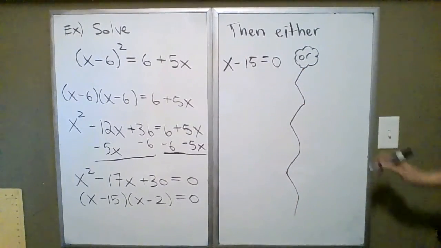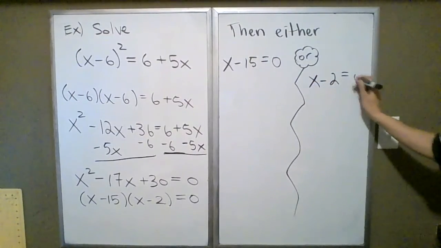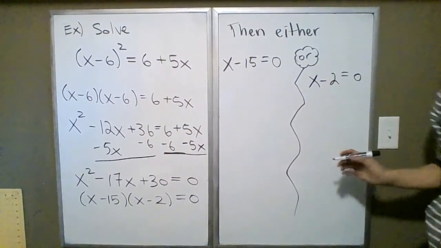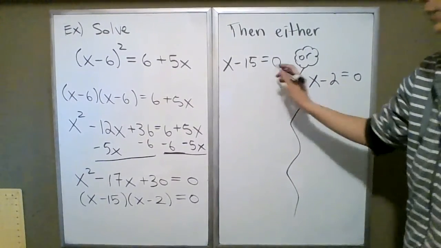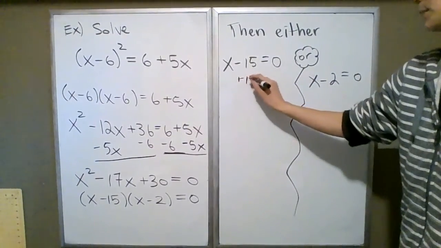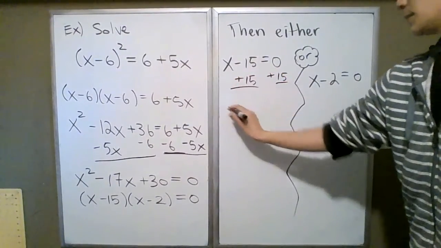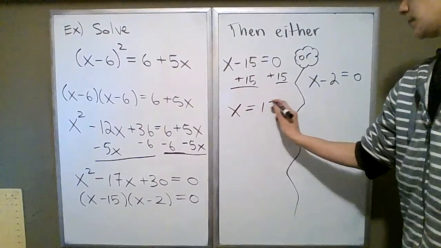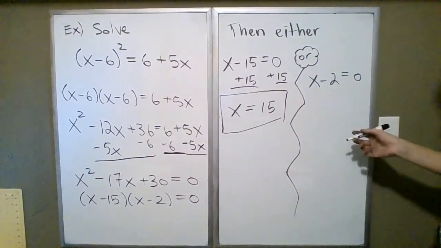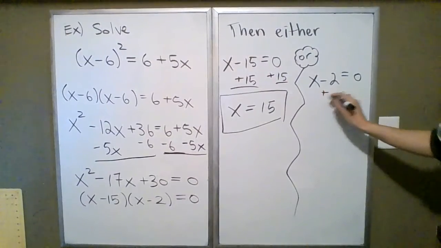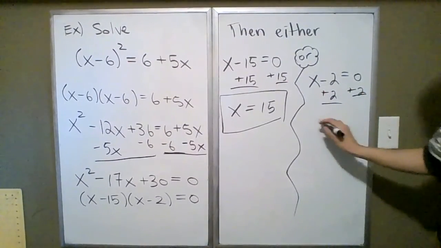The other factor is x minus 2. We can put that equal to 0. Okay, so I'm going to get two solutions. On this side, I add 15 to both sides, and I get x equal to 15. On the other side, for my other equation, add 2 to both sides. I get x equal to 2.